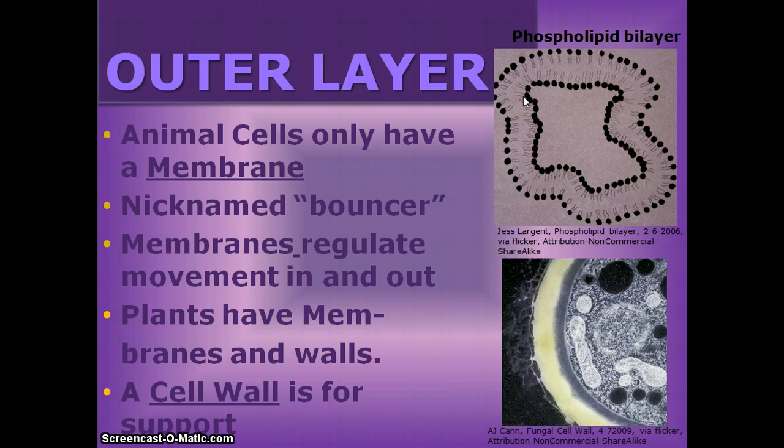It does not stop anything from coming in and out, and that is why the cell membrane is also necessary with the cell wall. So this is the cell membrane, and then this would be the cell wall. The cell membrane is this very, very thin little light gray area, and then the cell wall, which usually has two parts, is called primary and secondary cell wall. This darker would be the primary, and then this white would be the secondary cell wall.